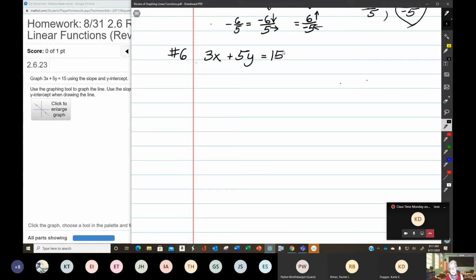However, that's not what we're being asked for. So I have to solve for y. I'm going to subtract 3, wait. Once I see that I have to subtract 3x, my life will be much easier if I put the 15 back here. Now that's a positive 15, so I'm going to put a plus in front of it. Now I'm going to subtract 3x from both sides.